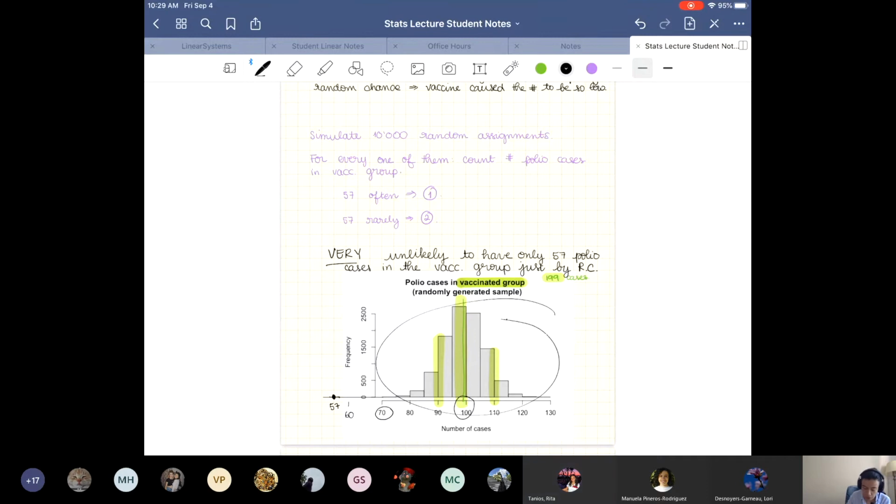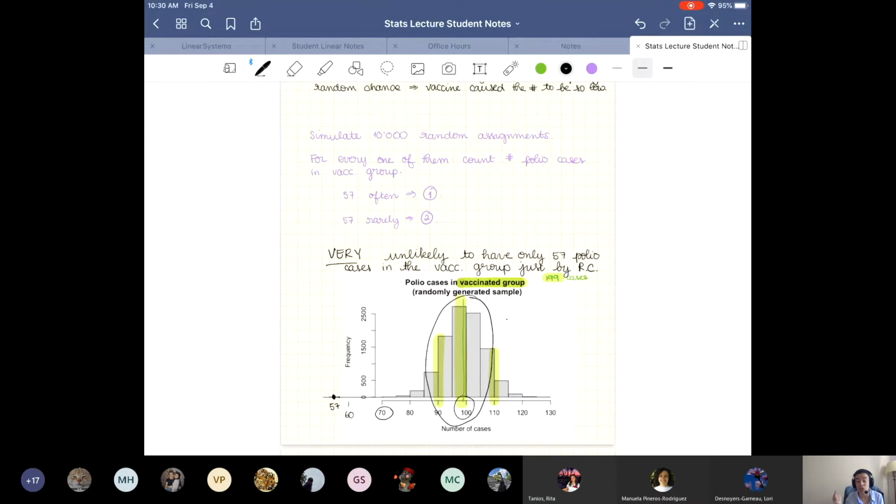Yeah. Okay, so what this is representing is what would happen if it was due just to random chance, right? So if I had 199 children that were split into 2 groups just by chance, and these polio cases were going to happen anyways, and the vaccine didn't have anything to do with it, it was just random assignment to the 2 groups, then I would have expected a higher number of cases.